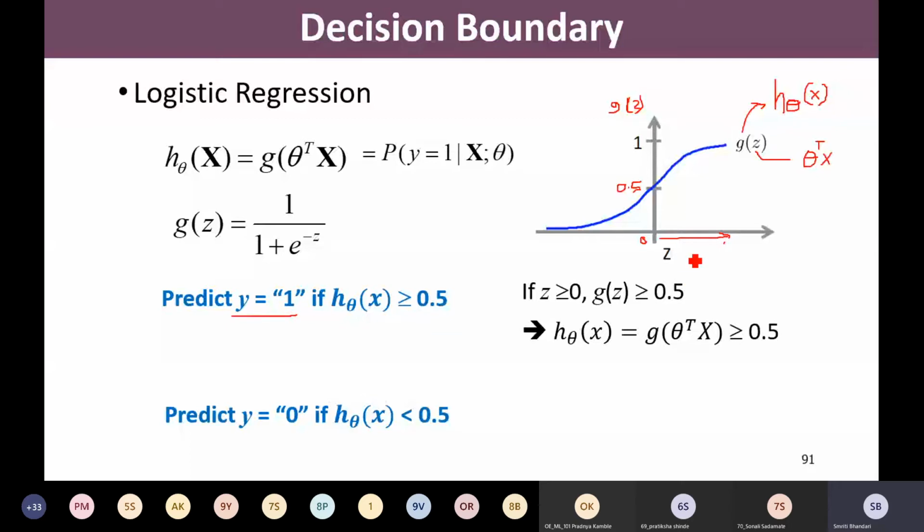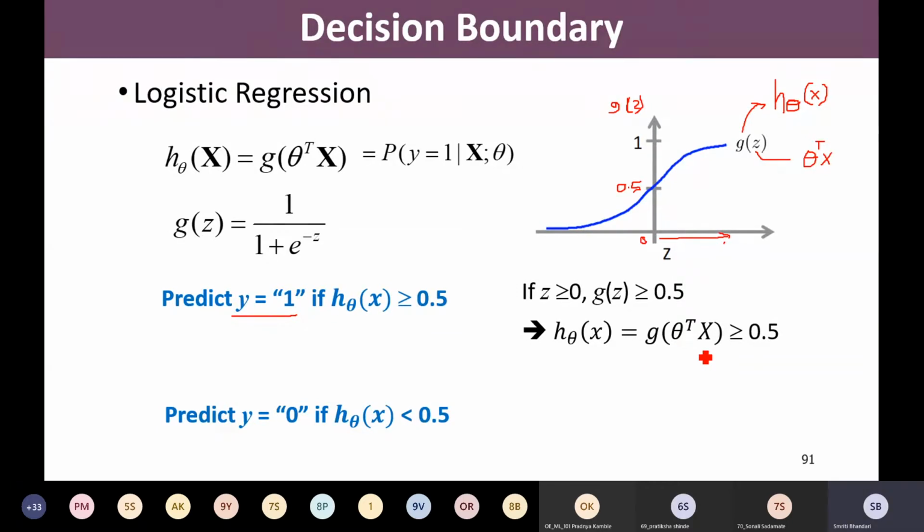Right? So we can infer, what does this mean? If z is greater than or equal to 0, then g of z is greater than or equal to 0.5. We can interpret this as h theta x. G of z is nothing but h theta x, and this h theta x is nothing but g of theta transpose x. Right?